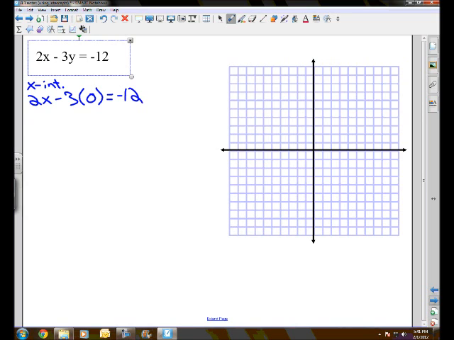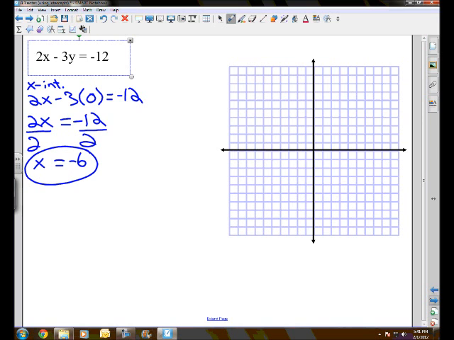Okay, well that's easy enough. We can handle that. Little algebra. 2x minus 3 times 0 is 0, so that's gone. Equals a negative 12. We'll divide by 2, and x equals a negative 6. Boom. We'll circle that guy.